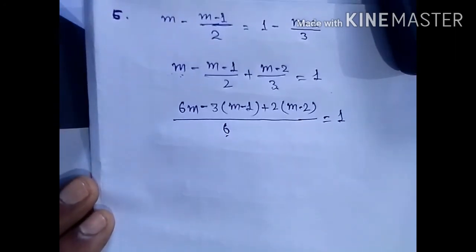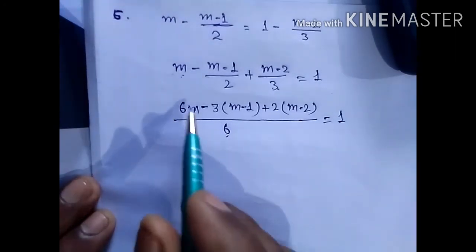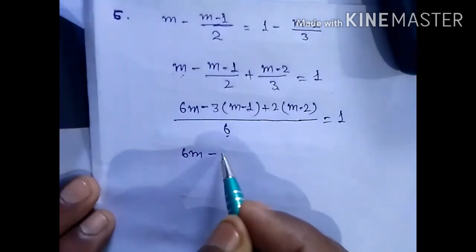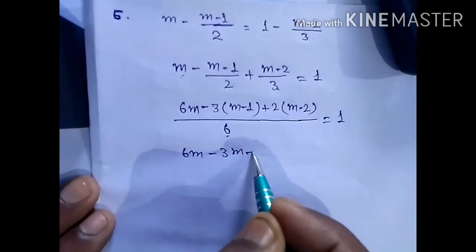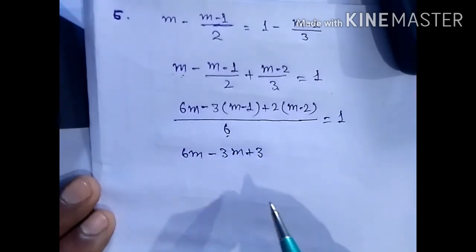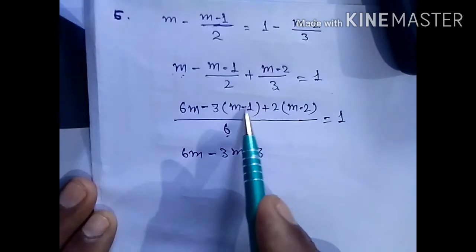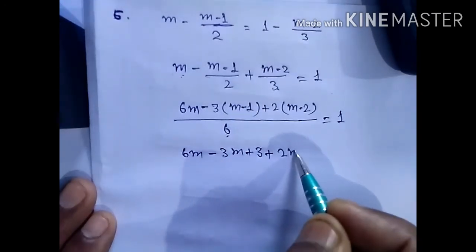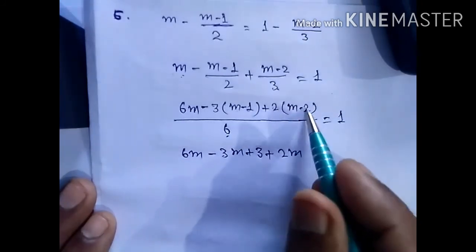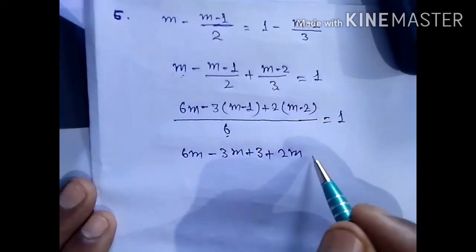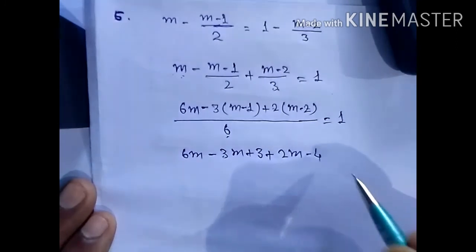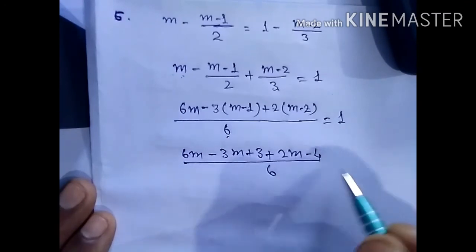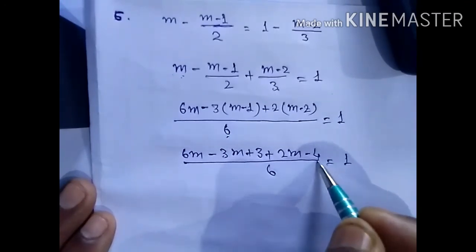So in the next step this one will be 6m minus 3m plus 3. Student, this one will be minus into minus, this one will be plus 2m, and this one 2 into minus 2 will be minus 4, upon 6 is equal to 1.